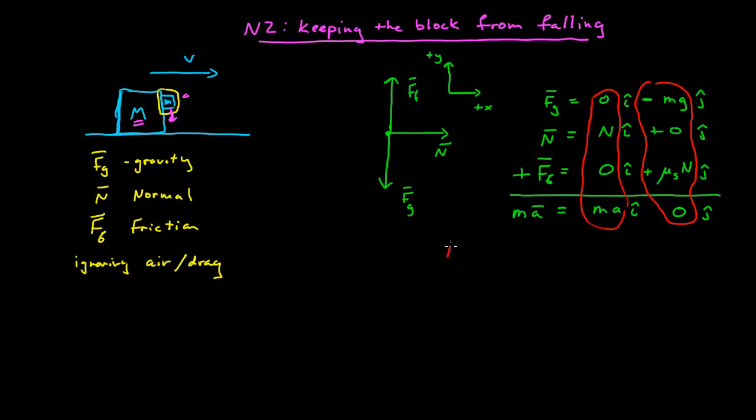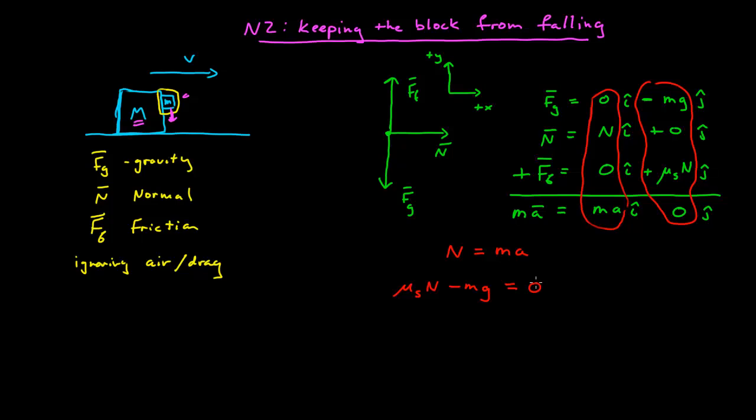So I have that the normal force is equal to mass times the acceleration, and then I have that the static friction times the normal minus mg is equal to 0.